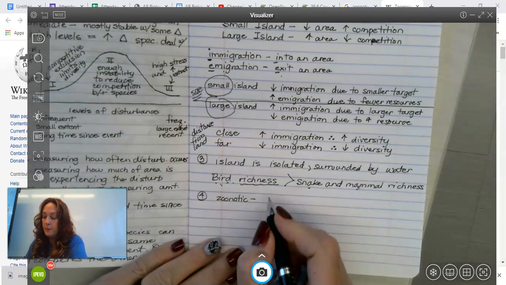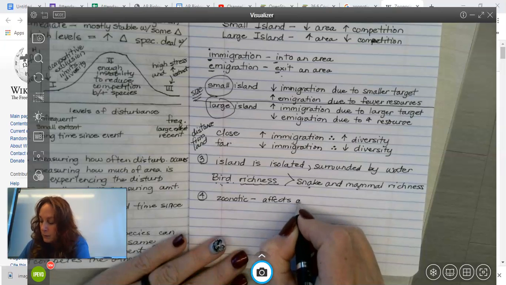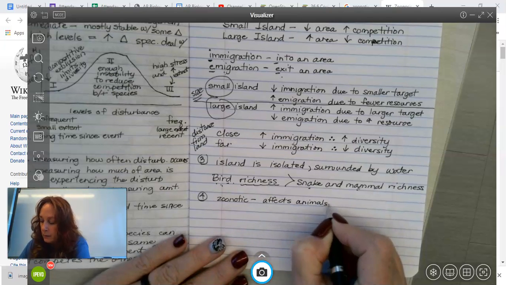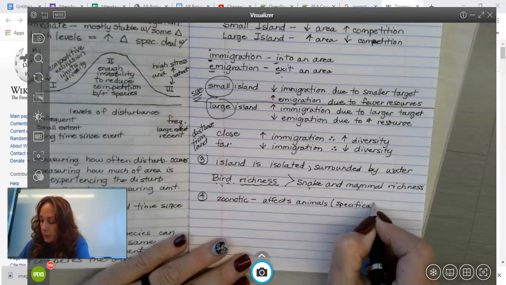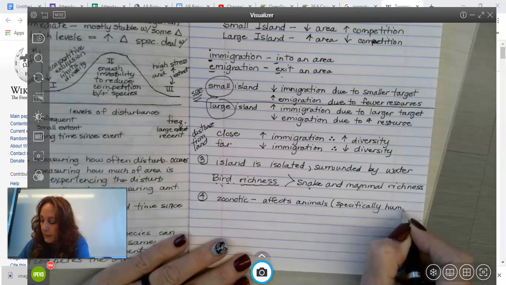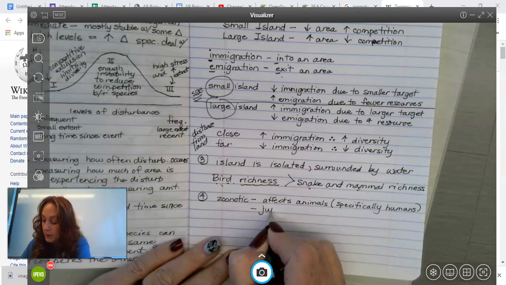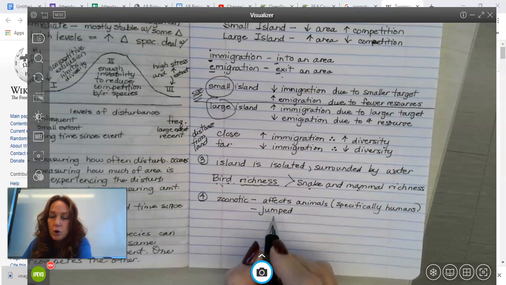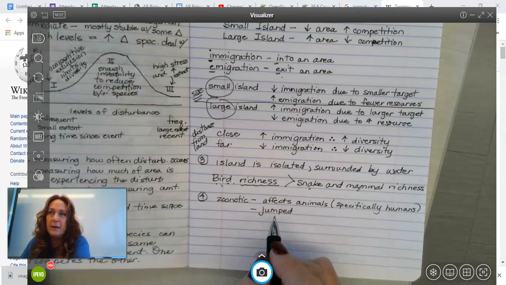So let's go here. So it's going to be affects animals, and specifically, we're going to talk about humans. And then we're going to put here that it jumped. So what jumped means is this. If there's an infection that only is infectious, there's an agent, some type of pathogen, that infects, let's say, pigs.